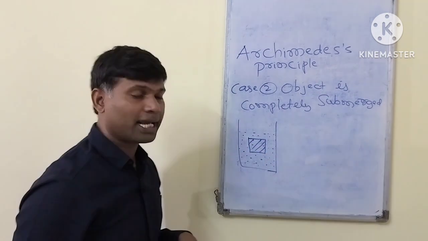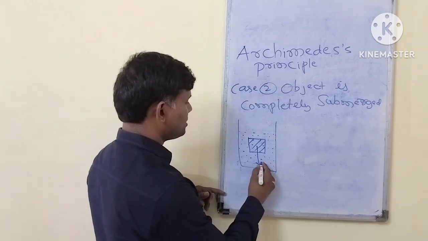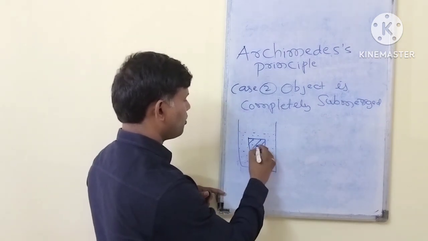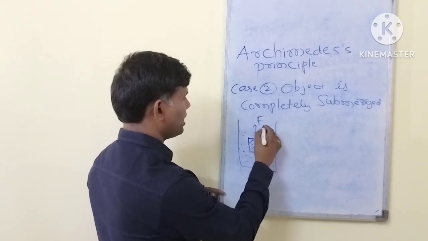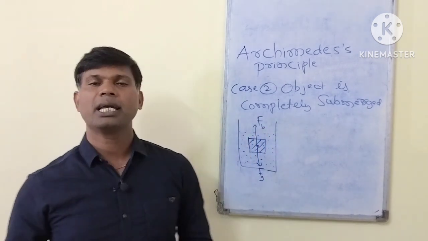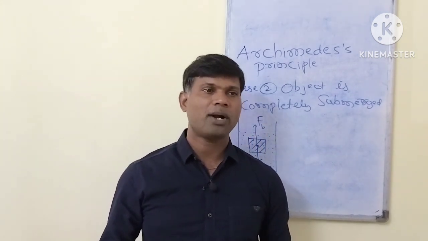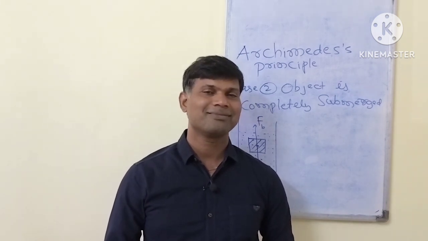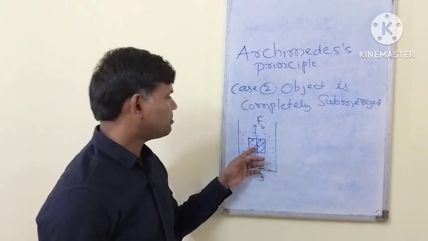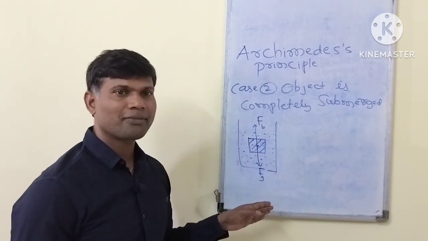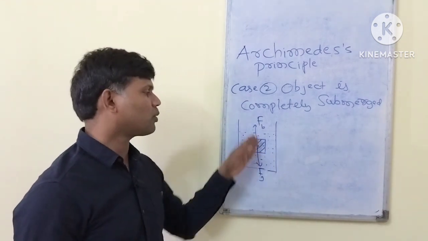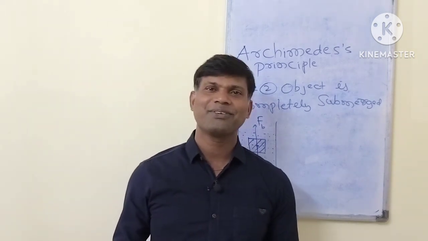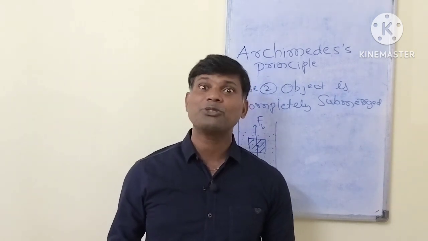Then what are the forces acting? Downward is Fg, the gravitational force. Upward is Fb. Then what is the relation between them now? Is the object going downward? No. Is the object going upward? No. Net force is 0. Now also it is equal.